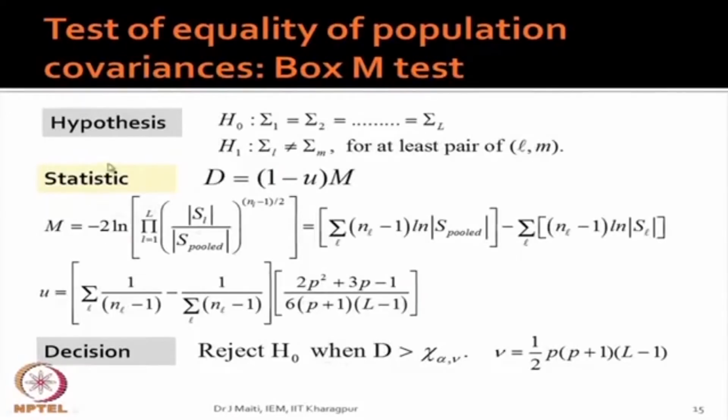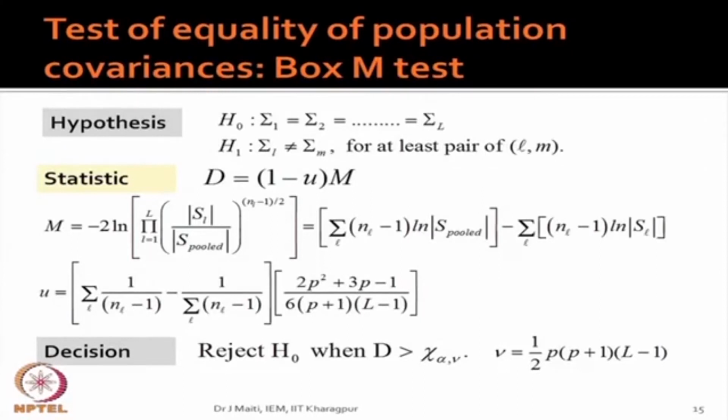As we have discussed earlier, it says that there are no differences in the covariance structure across the different populations, or in other words, across the different levels of the factor, where the factor is the designation group: officer, operations worker and maintenance worker. And our alternate hypothesis is yes, there is a difference in at least one of the pairs.